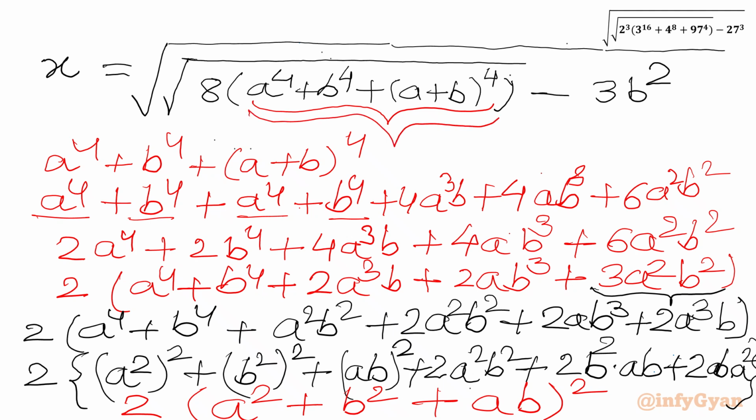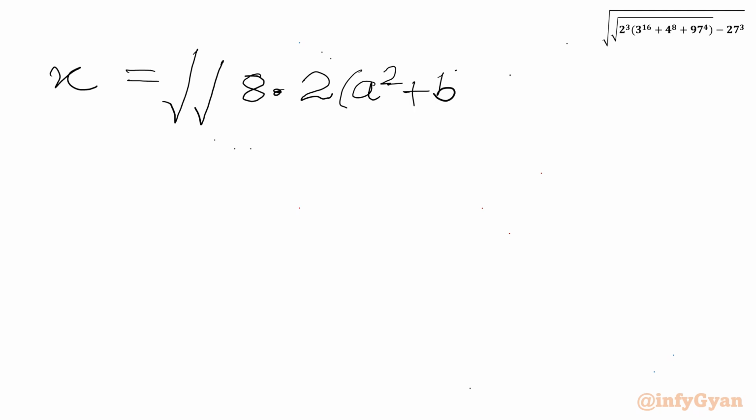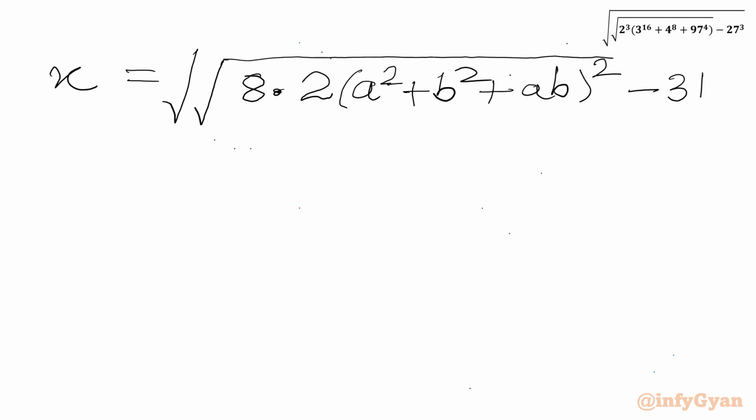So I will write our expression x equal to square root of 8 times 2 times in the bracket a square plus b square plus ab whole square, and then we will write minus 3b square. This is our simplified x.